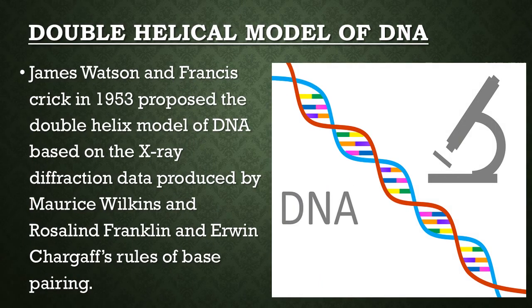Now, let's talk about the double helical model of DNA. James Watson and Francis Crick in 1953 proposed the double helical model of DNA based on X-ray diffraction data produced by Maurice Wilkins and Rosalind Franklin and Erwin Chargaff's rule of base pairing.